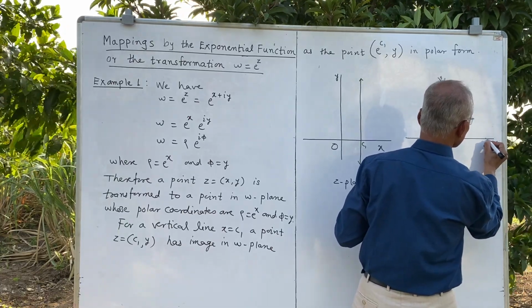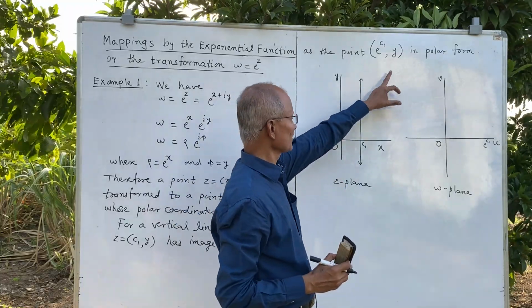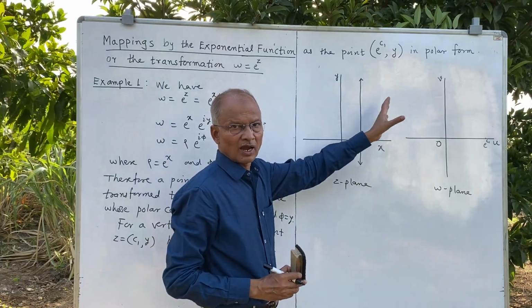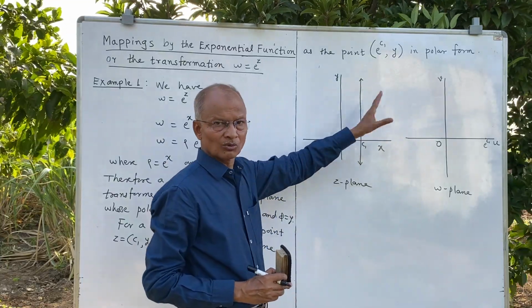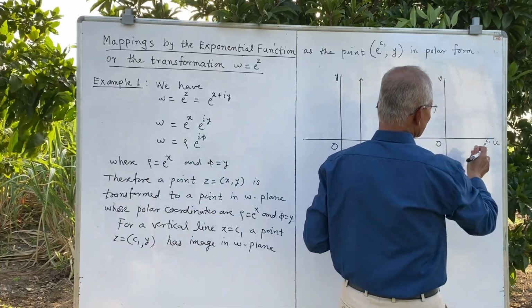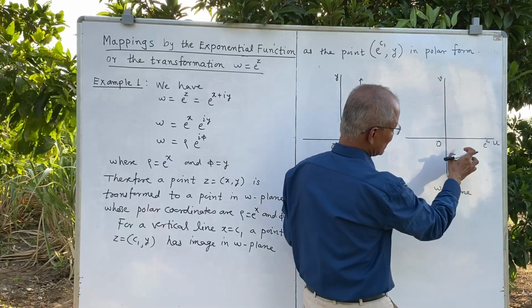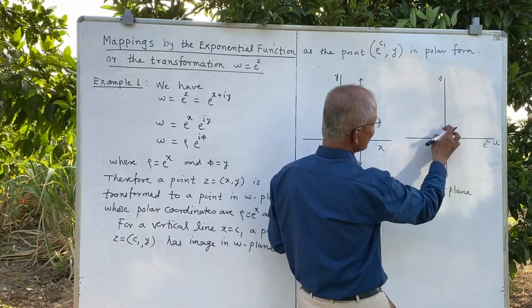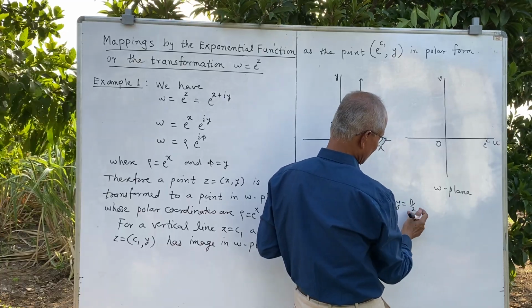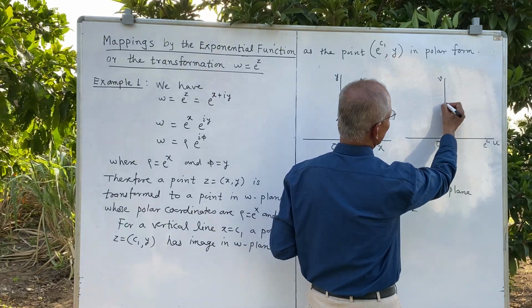This is e power c1, but you see y is changing, and as the point moves along the line, y takes values 0 to 2 pi. Then this will trace a circle. So y is 0, this is the image e power c1 at angle 0. If y is pi by 2, then the image will be on the v axis.